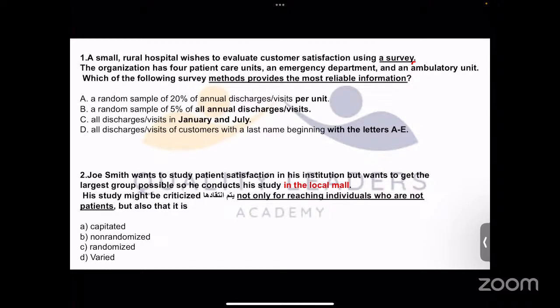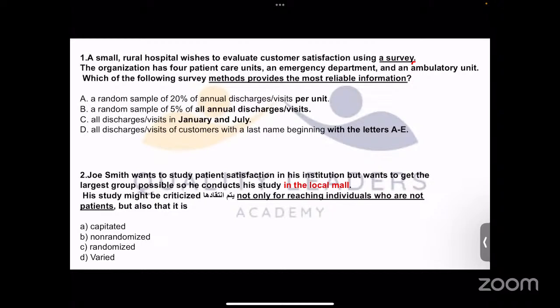Now they want to conduct a survey and do sampling to represent the entire population. So what is the best sampling method among these 4 options?